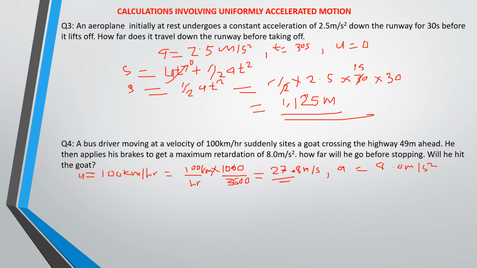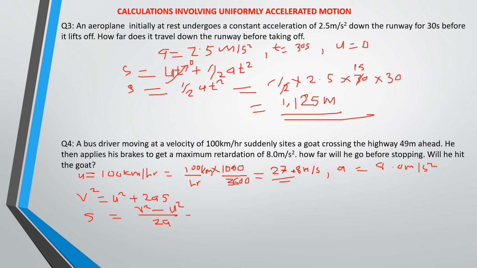So from v squared equals u squared plus 2as, you have that s will be equal to v squared minus u squared all over 2a.